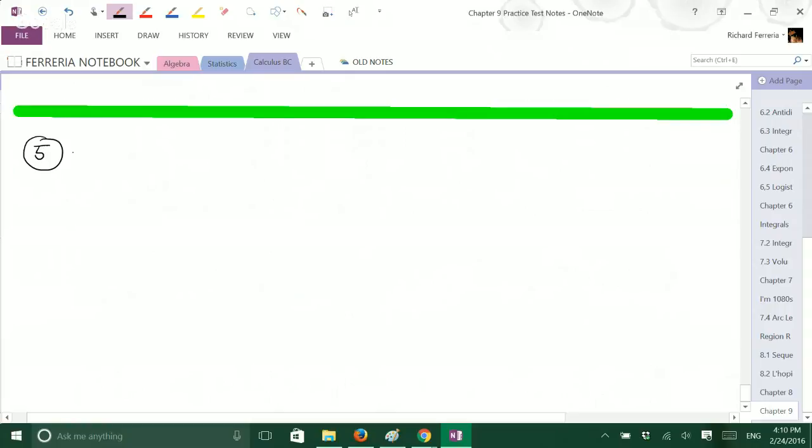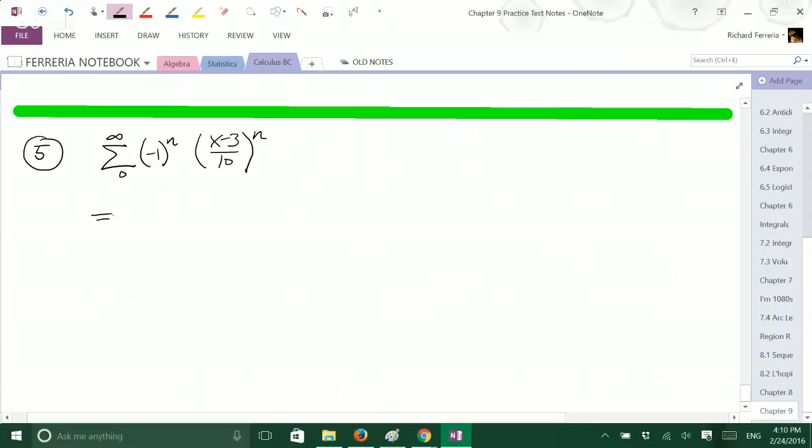Write out the series. So I'm going to write it down in sigma. That's n from 0 to infinity, negative 1 to the n, x minus 3 over 10 to the n power. So always a good idea just to write out the series. So let's write out that series.